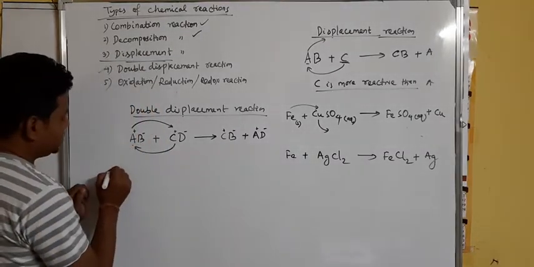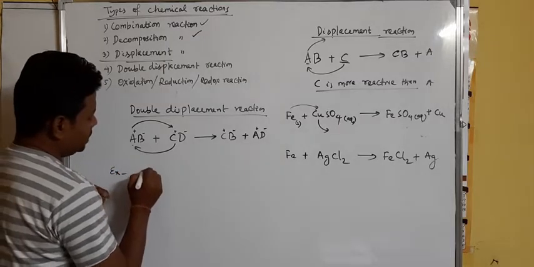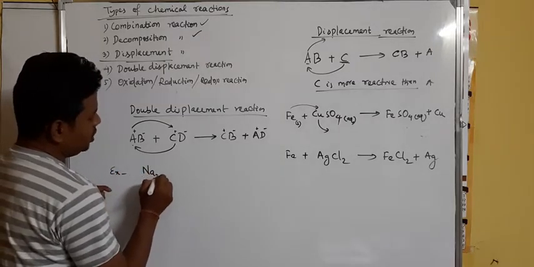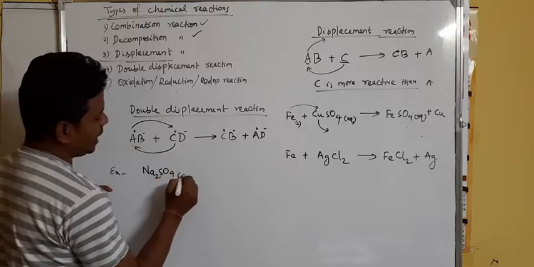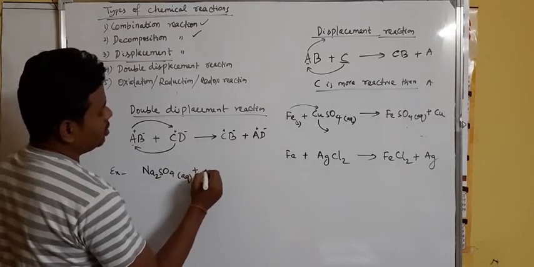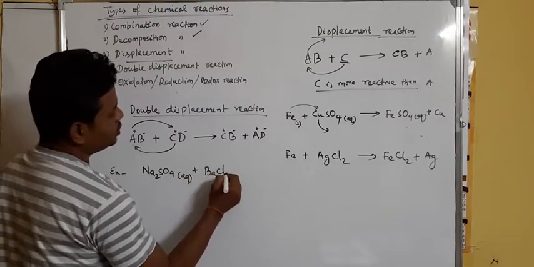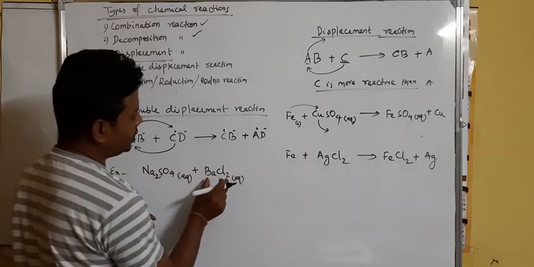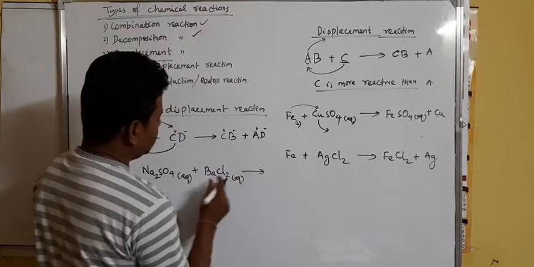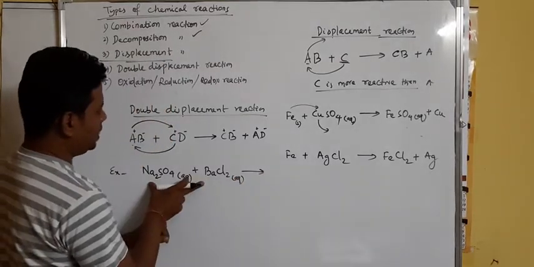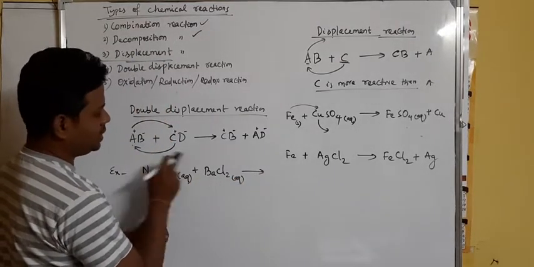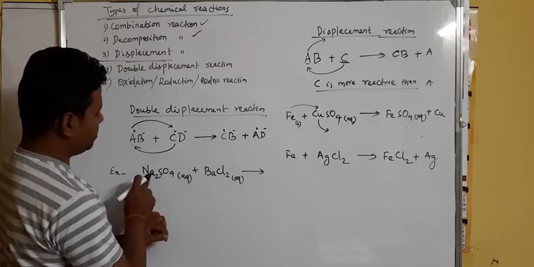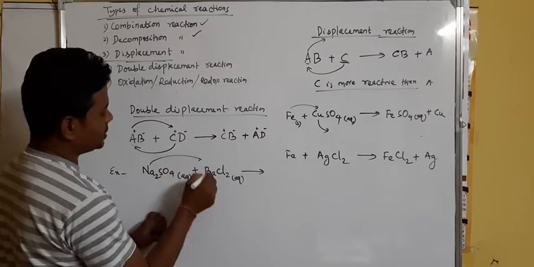If we take a real example, sodium sulfate Na2SO4 aqueous, when it reacts with barium chloride BaCl2, barium and sodium are exchanging each other. Ba comes to this place, Na comes to this place.